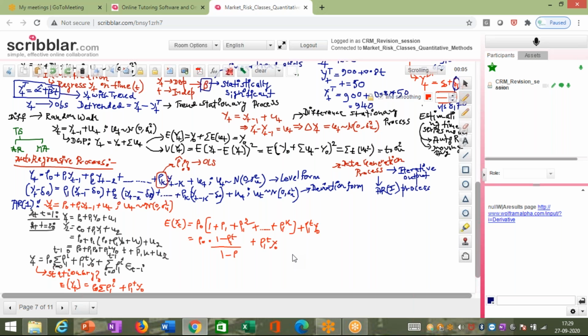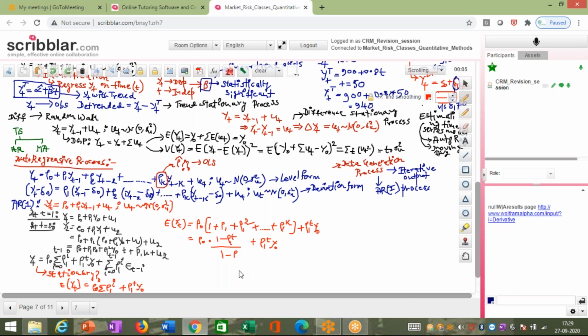Now there are two things that we need to keep in mind. Number one is that if this mean has to be a constant mean, then first of all this second part must tend to 0, and this must become a constant. Only then will you see that the mean becomes constant.